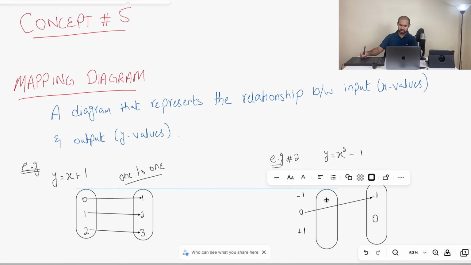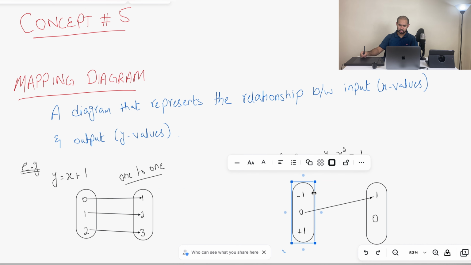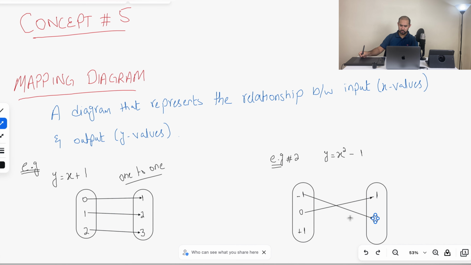So I'm going to match that one. Alrighty, here you go. And then if I substitute x equals plus 1, I still will get y equals 0. So I'm going to match plus 1 to y equals 0 as well.